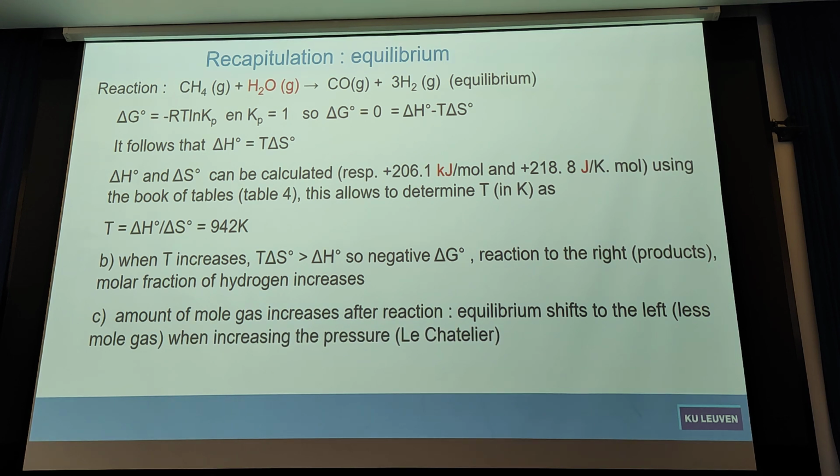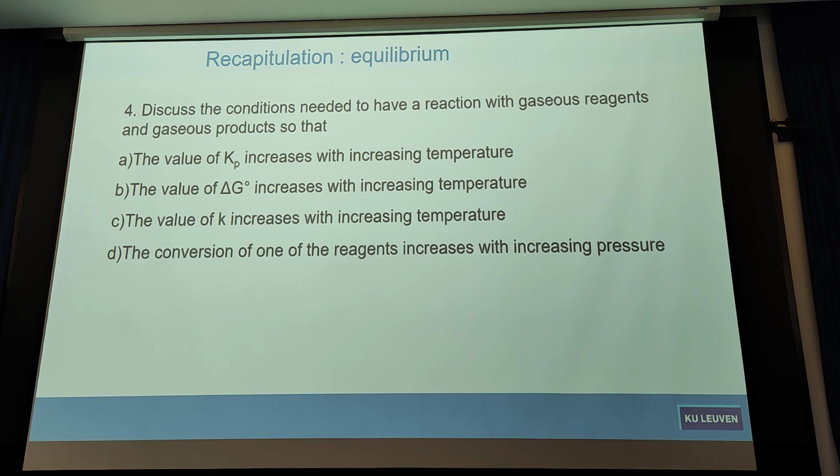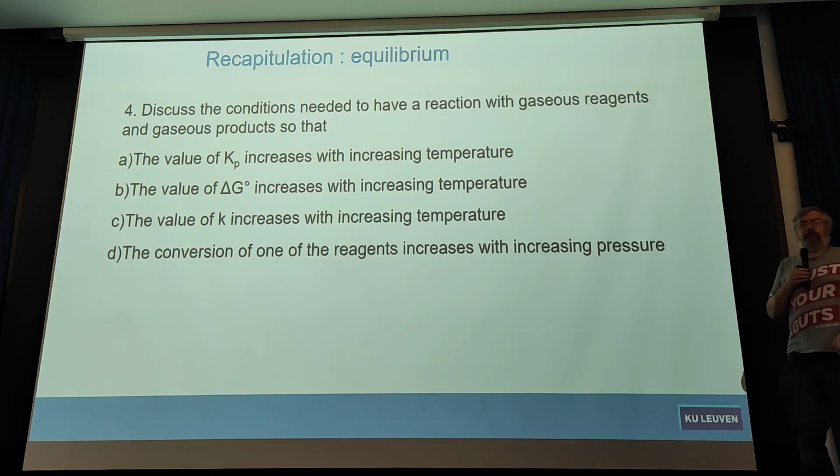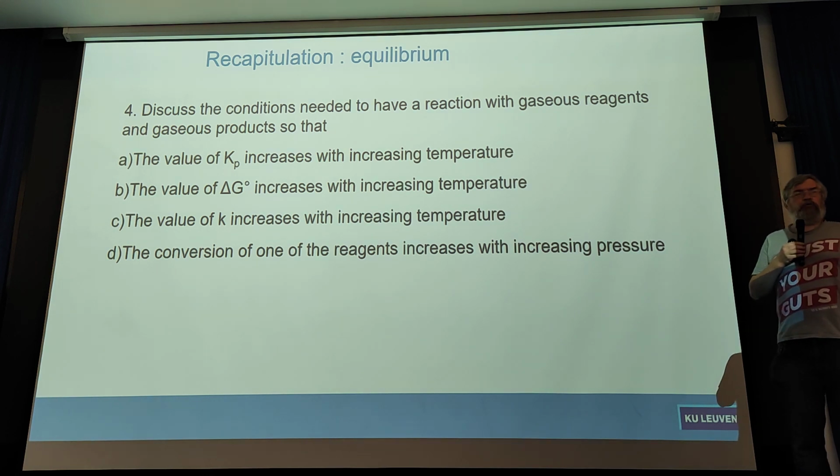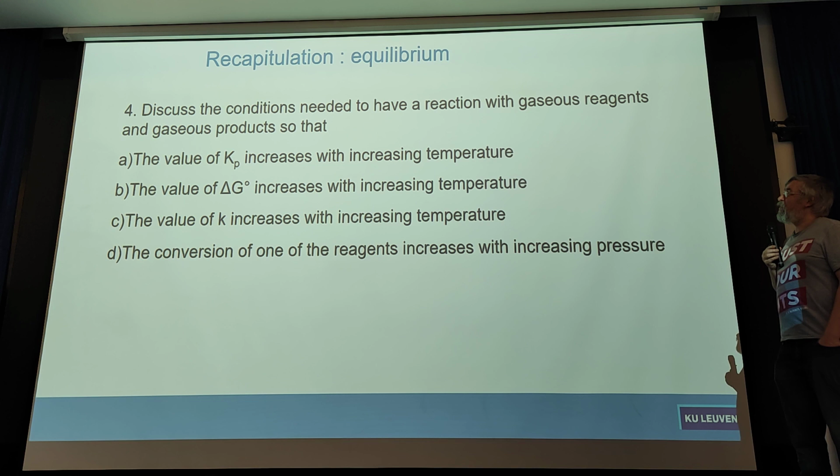In that case, we move to the side with more particles. But it was asked what happens if we increase the pressure. Okay, so this is a more theoretical question, you could say, although you could also give some further explanations.